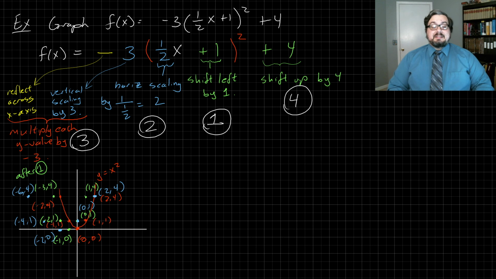Now, as you can see, this is a bit of a mess. So at this point, we're going to switch over to a new set of axes. However, notice that I'm just doing this by applying my transformations to the individual points. So we shifted left by 1 and then multiplied all of our x values by 2, and that gives us our setup.